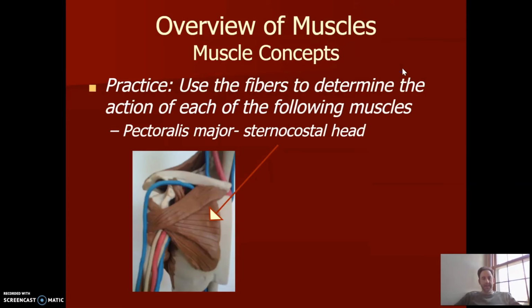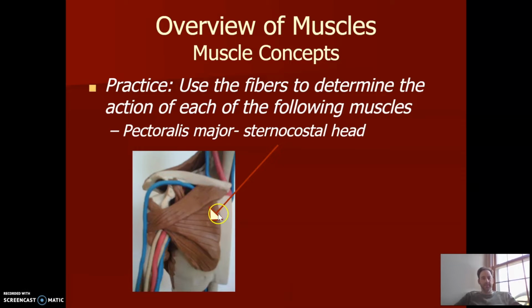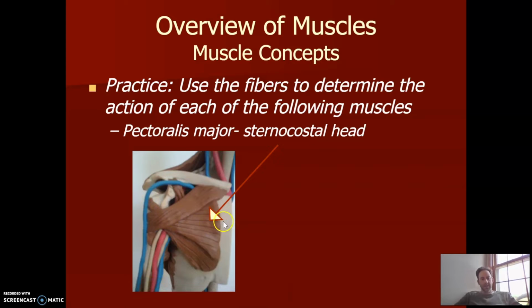So to practice that last concept, here's some pictures of some mannequin models, and there's 3 parts to the pectoralis muscle. The first part is the pectoralis major. You can see its origin is here in the sternum, and the insertion is the arm. And so if you imagine this muscle shortening along these lines, it attaches to my sternum and attaches to my arm here.